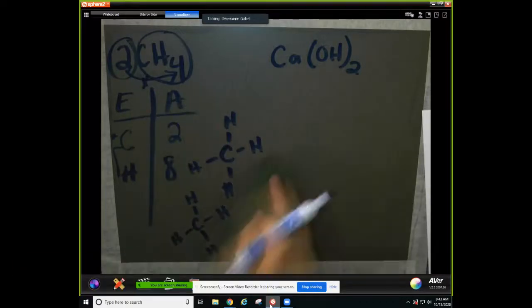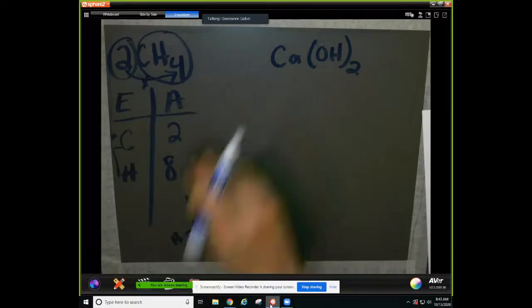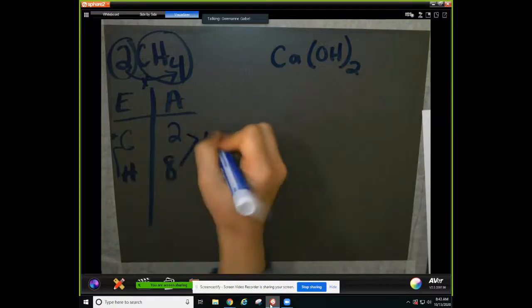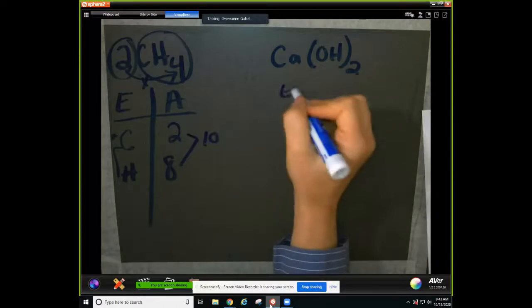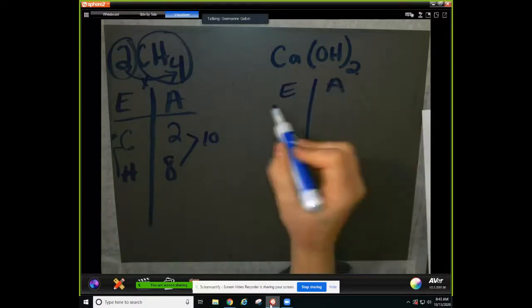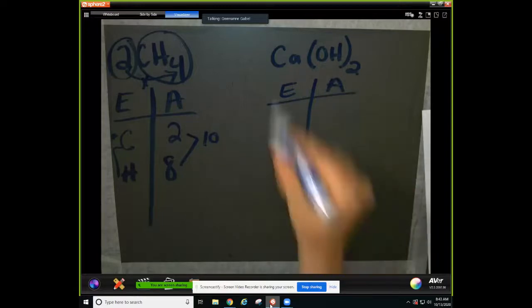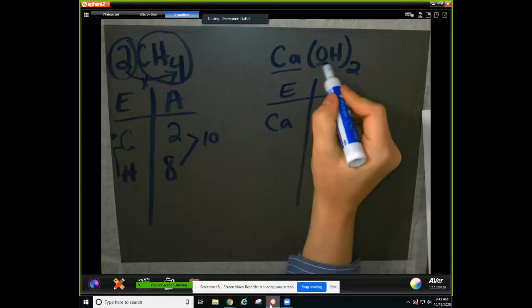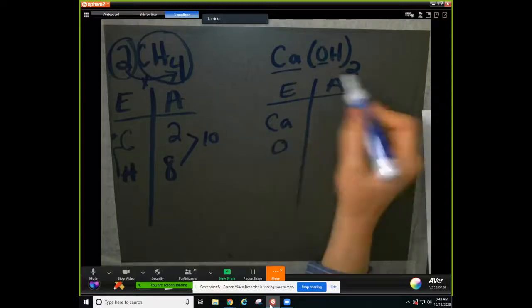All right, so let me do the same, but for calcium. My total atoms here is 10. We have elements on one side, atoms on the other. Okay? I have calcium, oxygen, hydrogen.